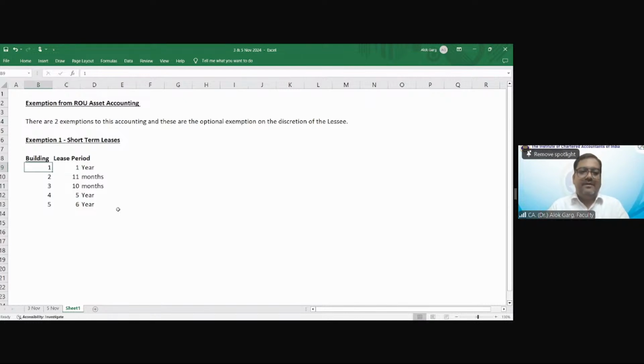This is my lease period. So building number 1, 2, 3, 4, 5, lease period is 1 year, 11 months, 10 months, 5 years, 6 years.